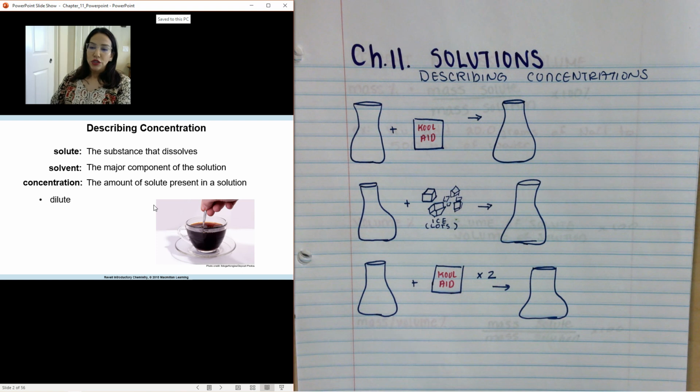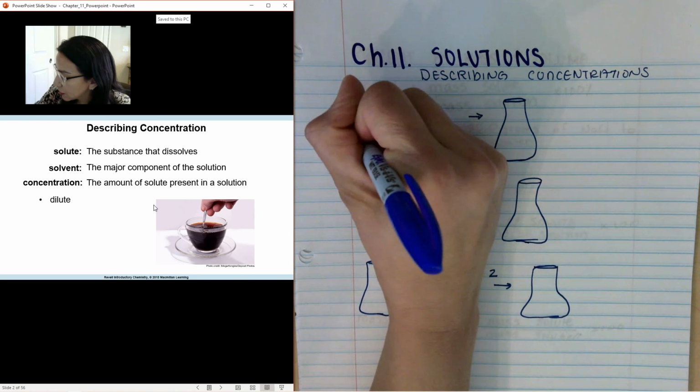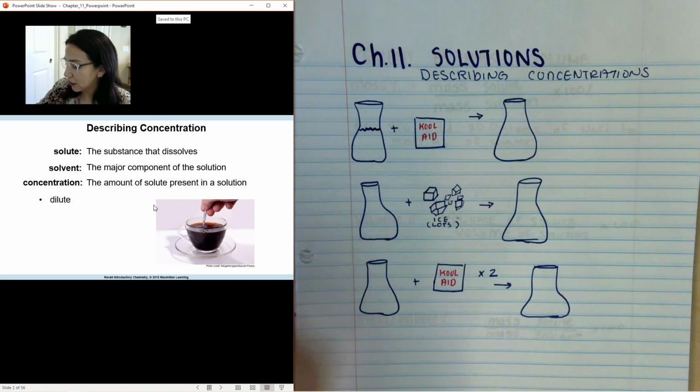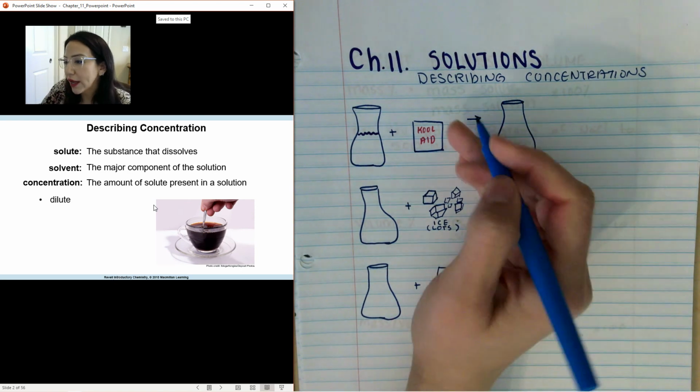So, describing our solutions, we want to be able to take some particles and dissolve them inside a solvent. Now, let's describe the difference between a solute and a solvent. A solvent is what does the dissolving. In this case, I have an example of Kool-Aid and water.